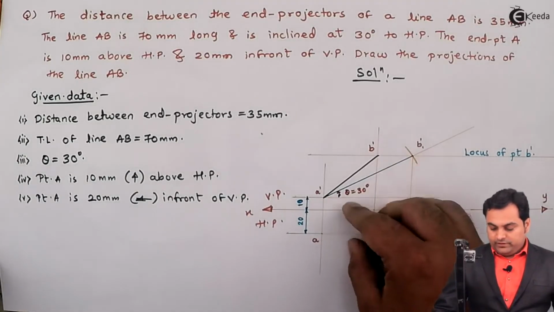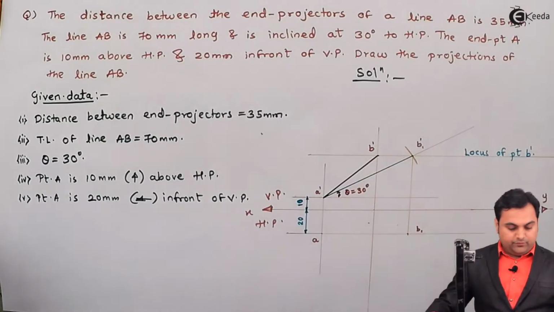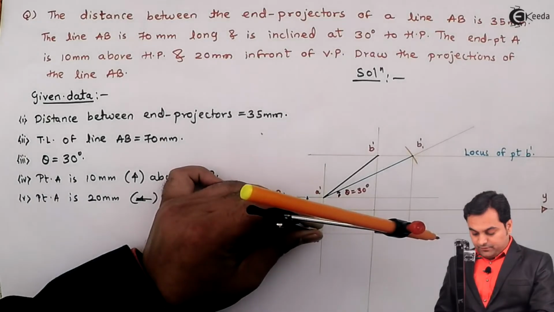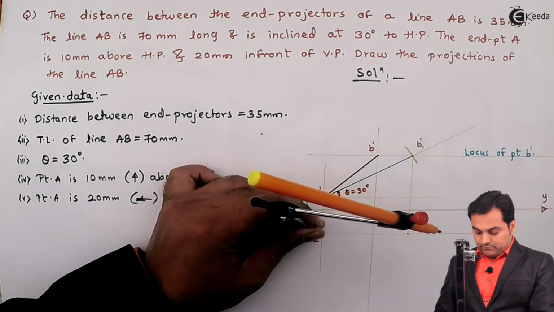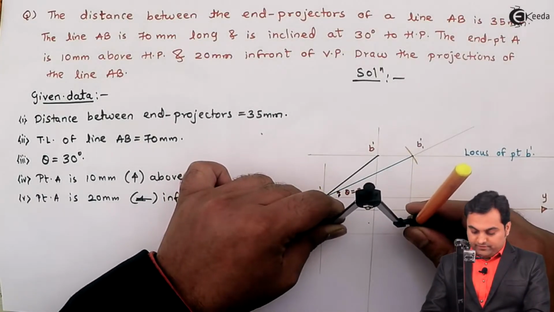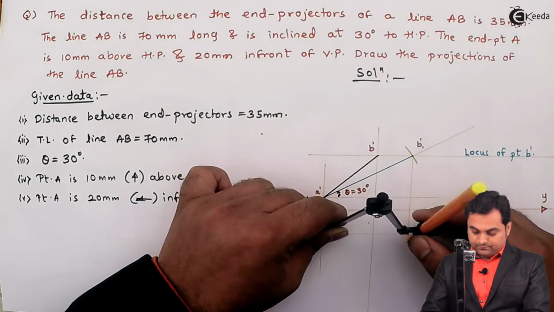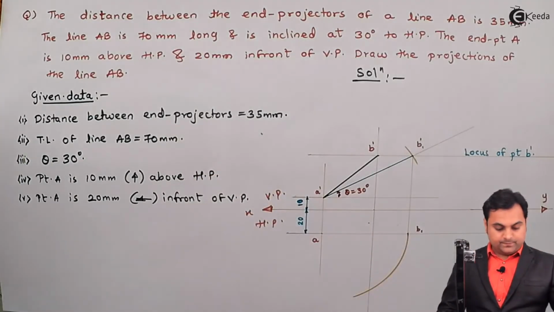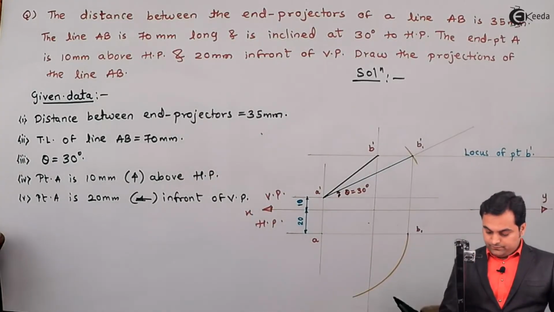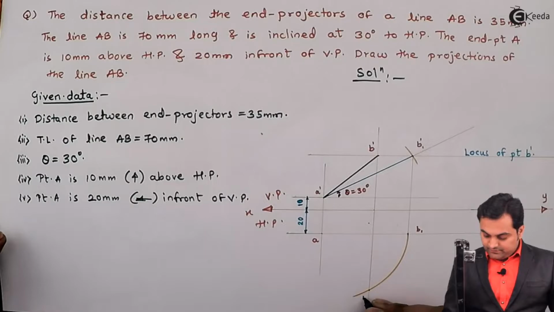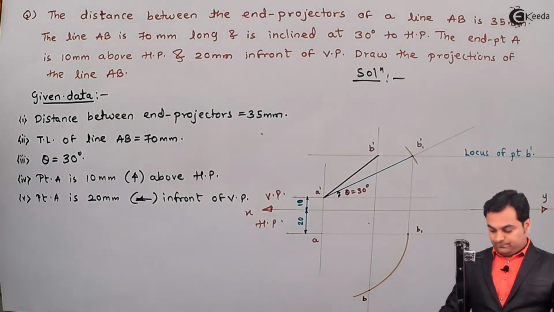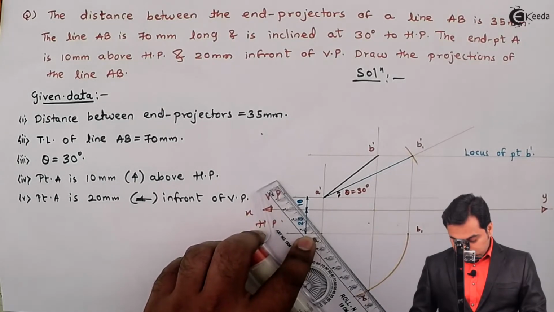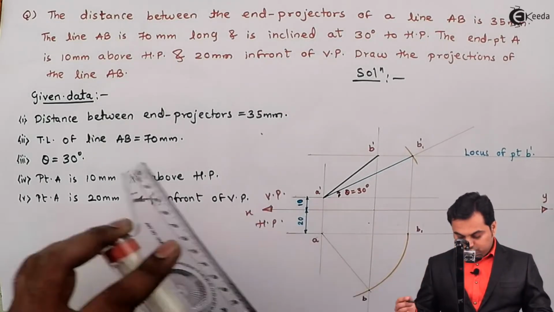Like in the front view it is A dash B dash, in the top view it will be AB. So for that I am keeping the point on A, measuring A to B1, cutting this end projector. Here I am getting point B, joining A to B.